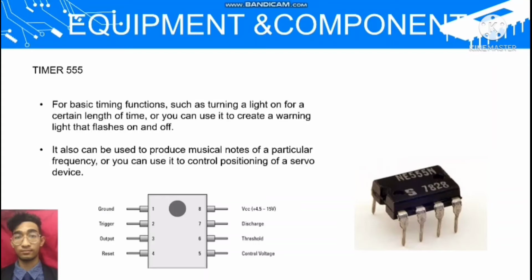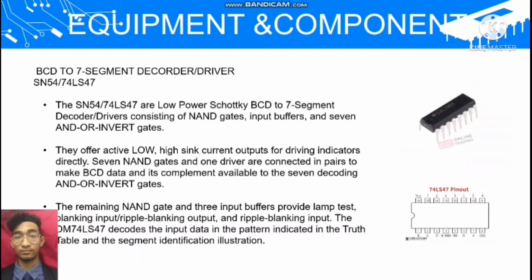It can also be used to produce musical notes of a particular frequency. And the last one is the 7-segment decoder or driver. It is a low power BCD to 7-segment decoder or driver consisting of NAND gates, input buffers, and AND/OR invert gates. Its function is to offer active low, high sink current outputs for driving indicators.